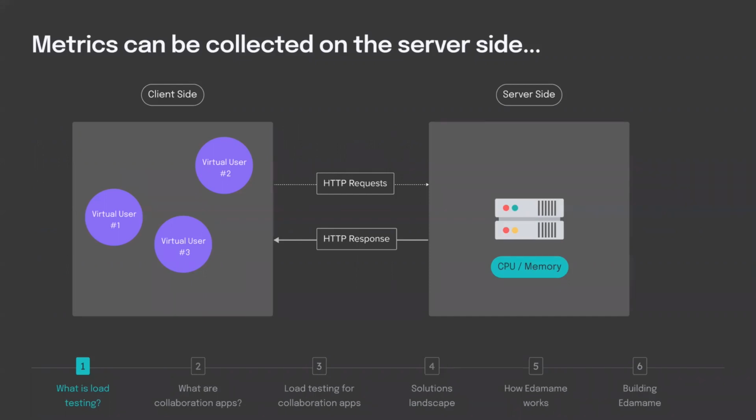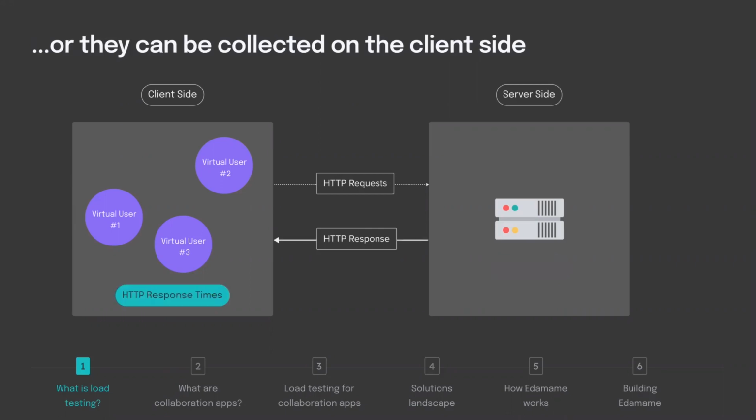These things aren't explicit to the user that's interacting with an application, but they can be helpful to track because they impact the user's experience interacting with an application. However, load testing tools often can't collect server-side data as it's out of scope. And so oftentimes load testing tools will collect client-side data.